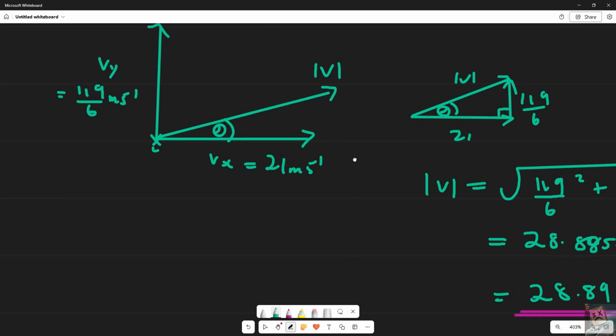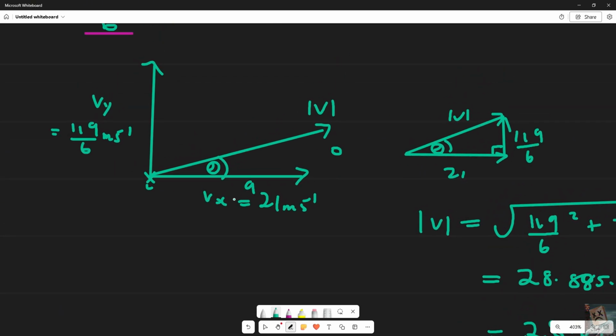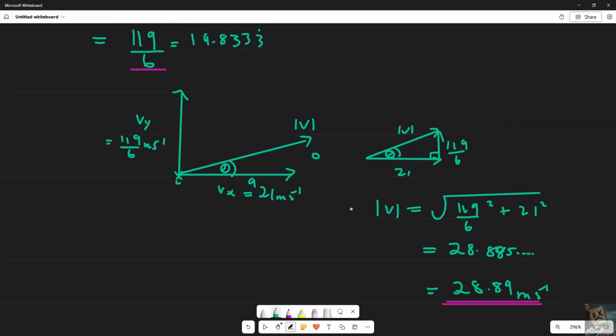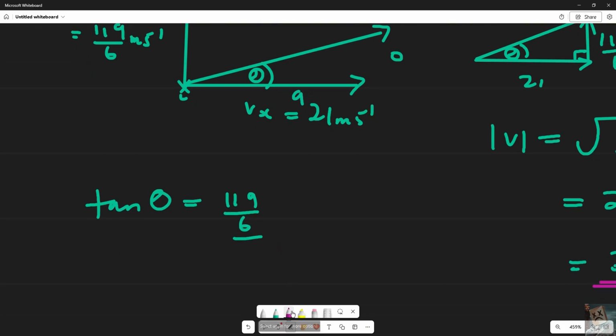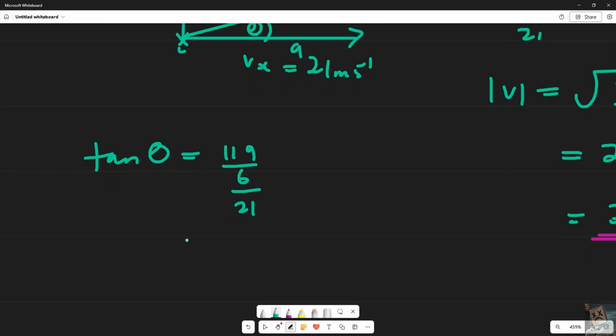Then we need to find the direction. So if we just do trigonometry, opposite, adjacent, we're going to use the values that we just found, in case we might have made a mistake with the Pythagoras. So tan theta equals opposite over adjacent, which is 119 over 6 divided by 21.